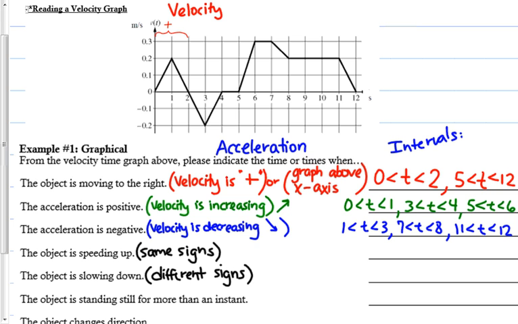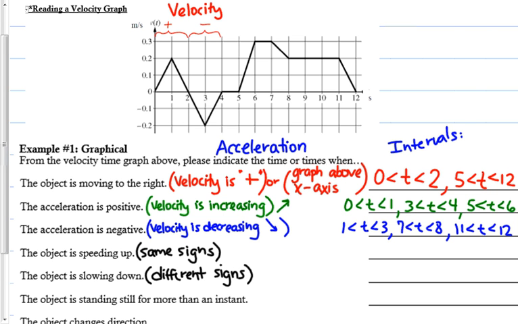But then from 2 to 4, it's below the x-axis, so it's negative, right? Those y values are negative, or the meters per second, they're negative. Okay, from 4 to 5, that's constant. It's actually y equals 0, so my velocity is 0. My object is at rest.